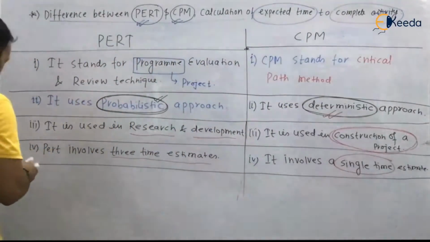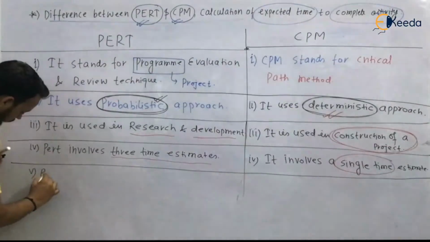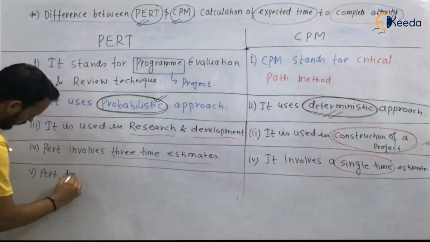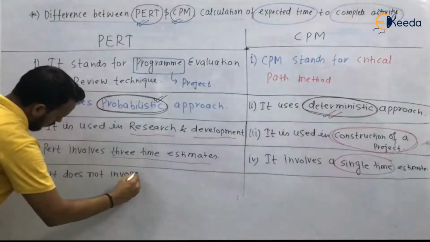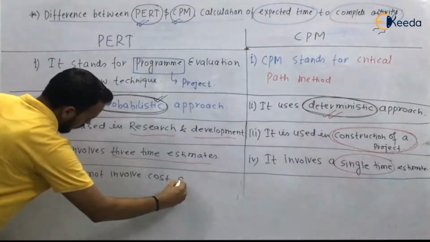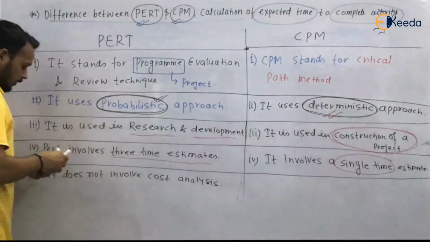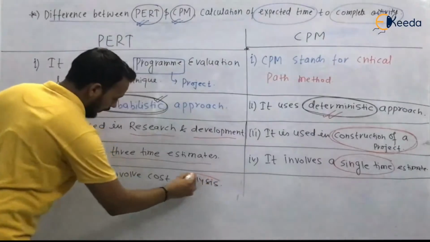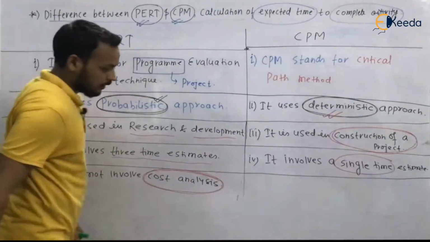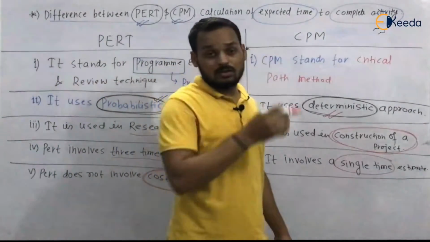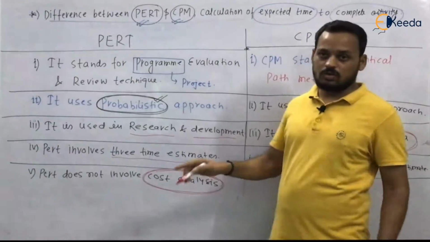Last difference, I'm going to write the last difference. PERT does not involve cost analysis. It means when we talk about PERT, we will not talk about cost or money, because it does not involve cost analysis.